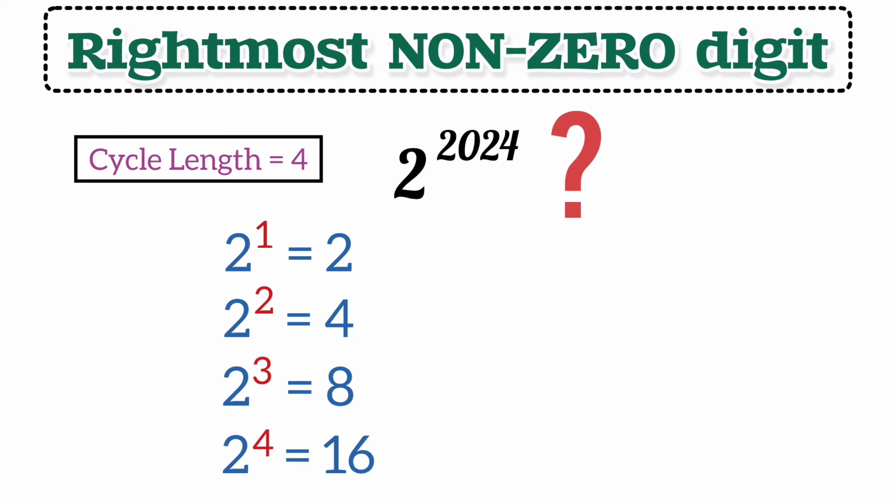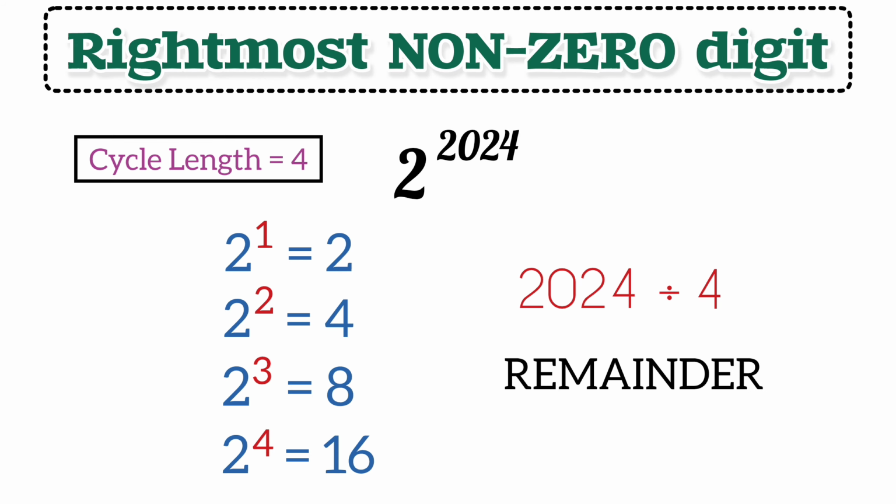From here, how do we know for power 2024? For that, simply divide 2024 by the cycle length, that is 4, and note the remainder. The remainder when any number is divided by 4 can be 0, 1, 2, 3. If you get remainder 1, look at the first term in the cycle.